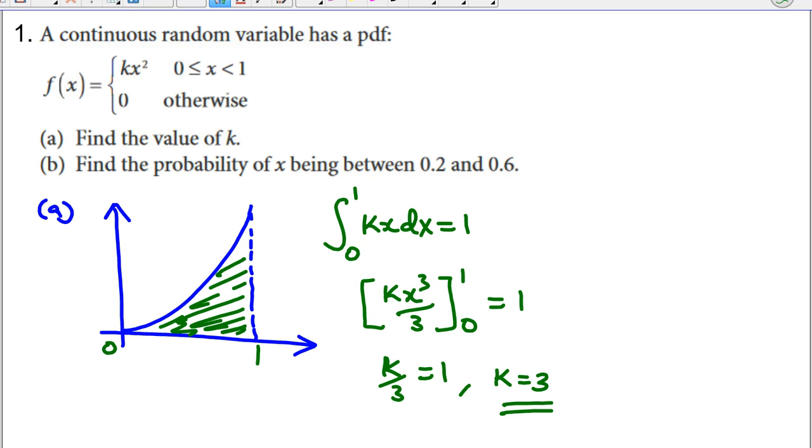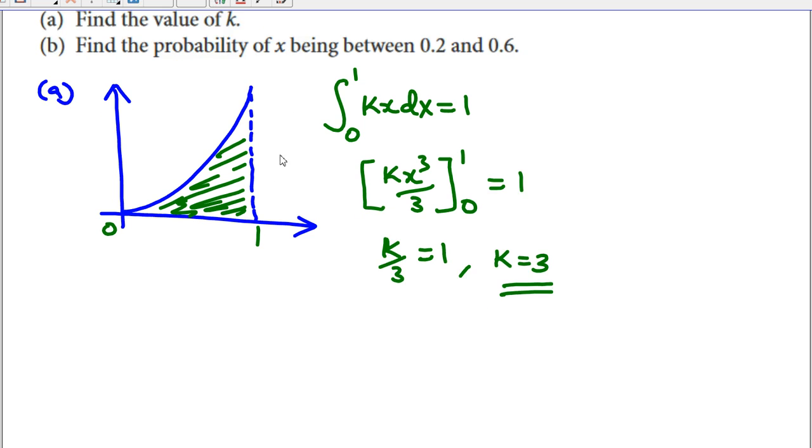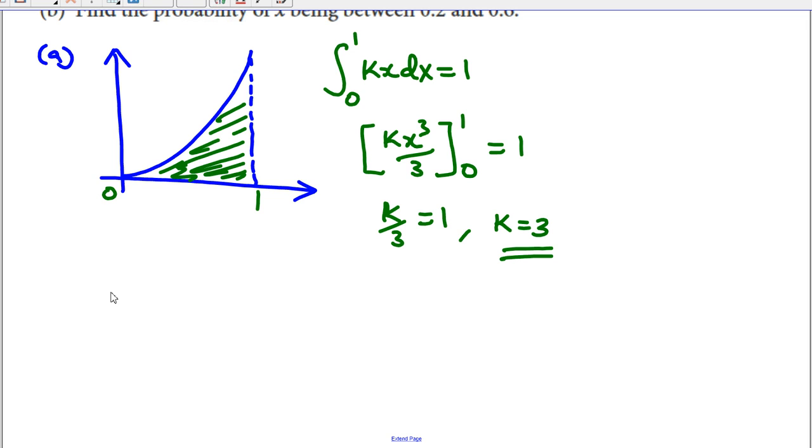So we've already found out what k is, and then we can move ahead to work out the probability of x being between 0.2 and 0.6.